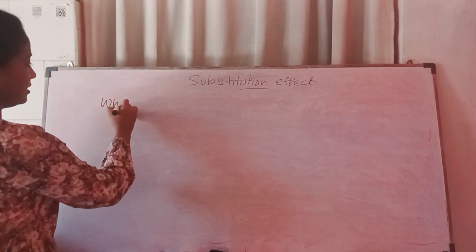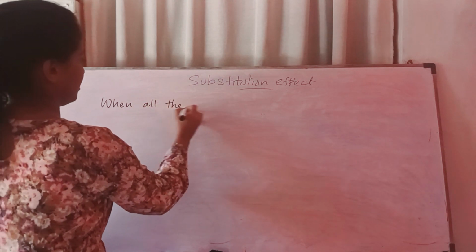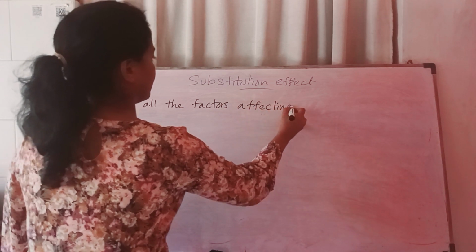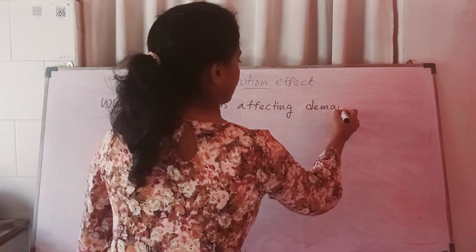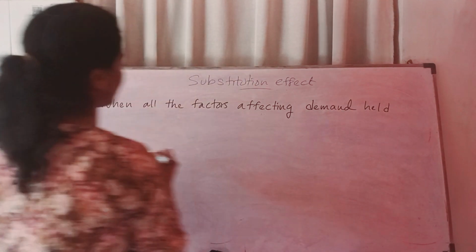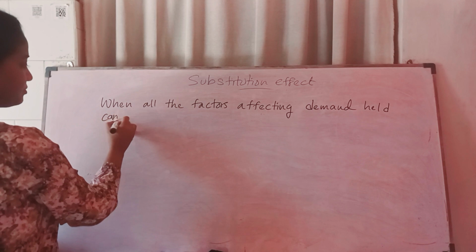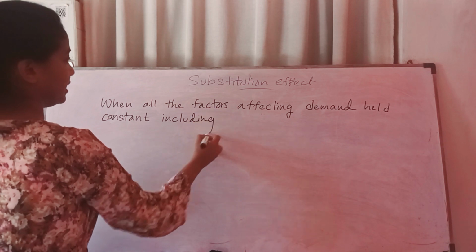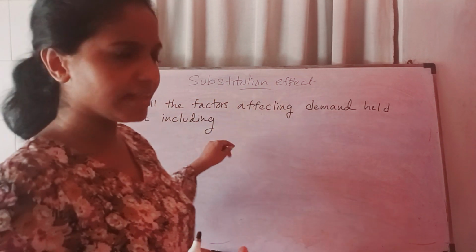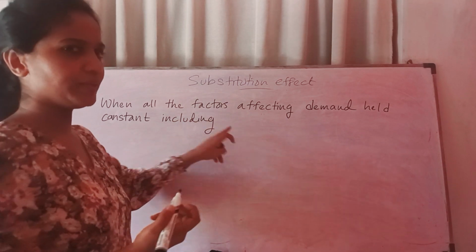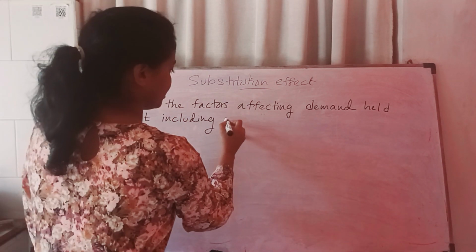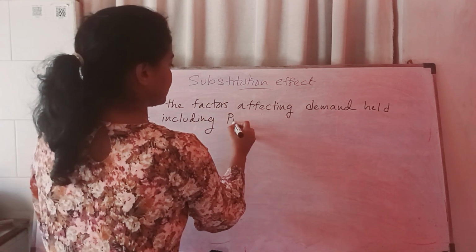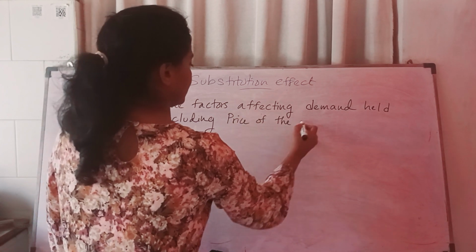When all other factors affecting demand are held constant, including what? Here we are talking about the substitution effect, so it's better to write including the price of the substitute good, right? Including the price of the substitute good.